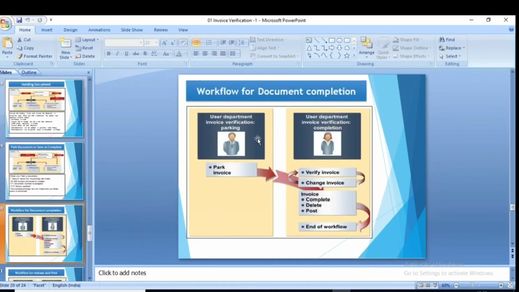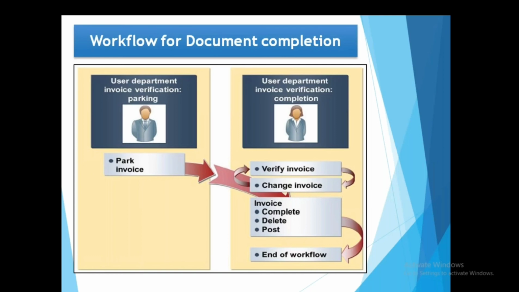Now we have a workflow, a standard SAP workflow. Whenever a clerk parks an invoice, it automatically triggers a mail, a workflow, to the actual clerk who is going to do the posting. He will verify the invoice, change it, and then post it. Of course, this standard workflow will be set up by the technical team.